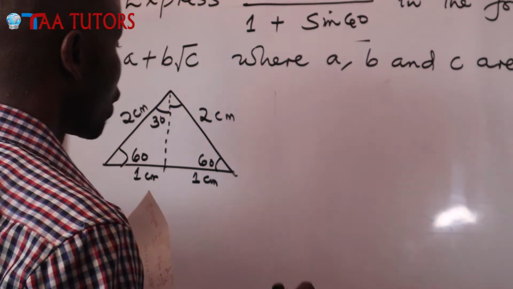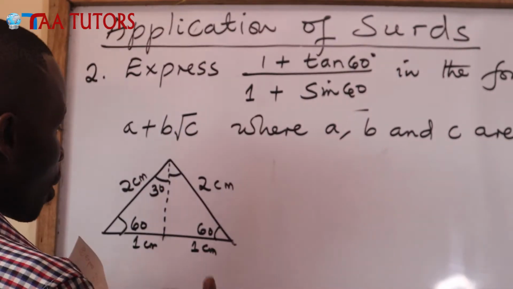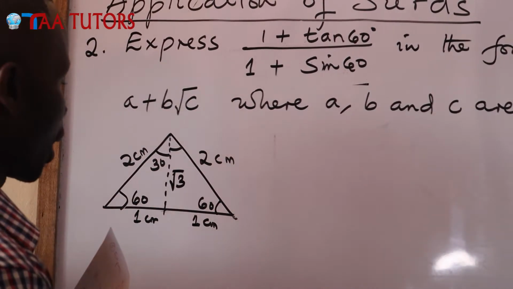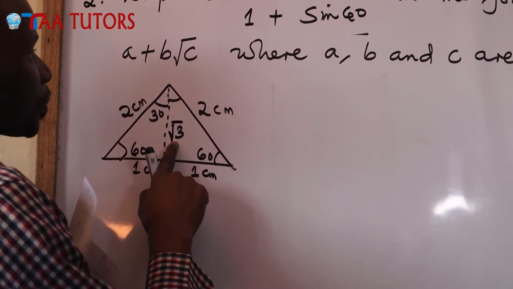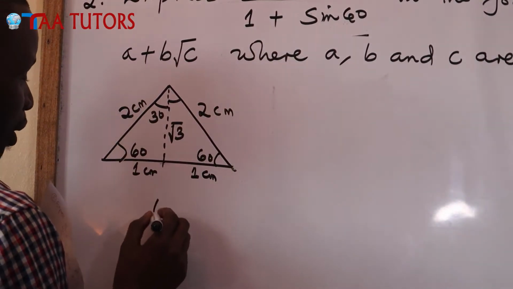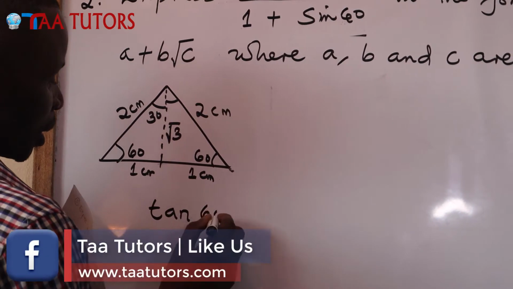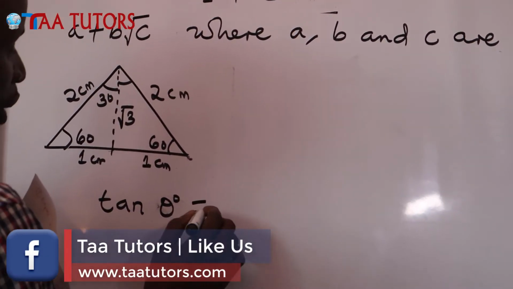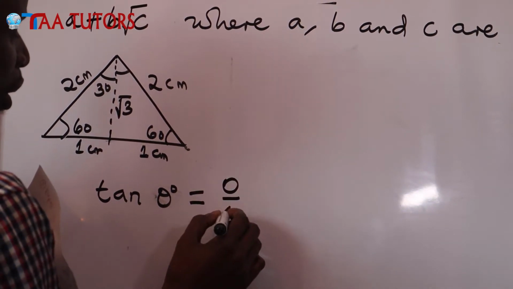But in our case, we want tan 60. We know from our previous results that this is already √3. We don't need to go back there again. So √3, when we are supposed to get tan 60, let's get tan 60 from there. Tan theta should be equal to opposite over adjacent.